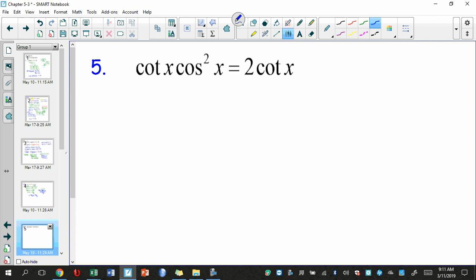Okay, number 5. What do you think we should do? That is equal to 0. How? So I'm going to have the cotangent of x times the cosine squared of x minus 2 cotangent of x is equal to 0.